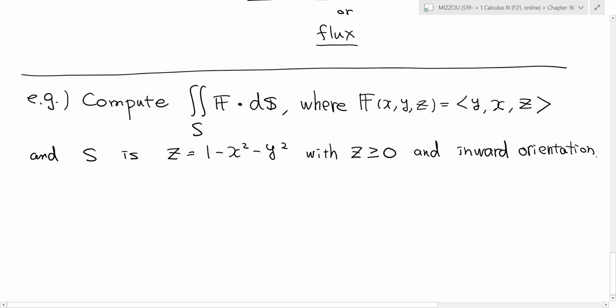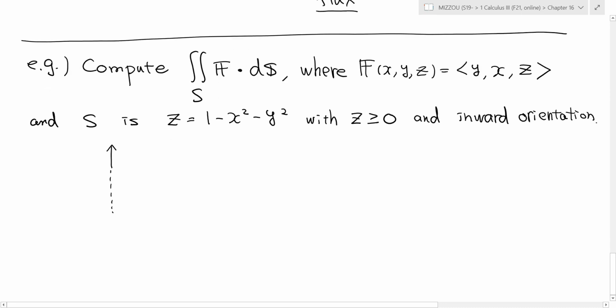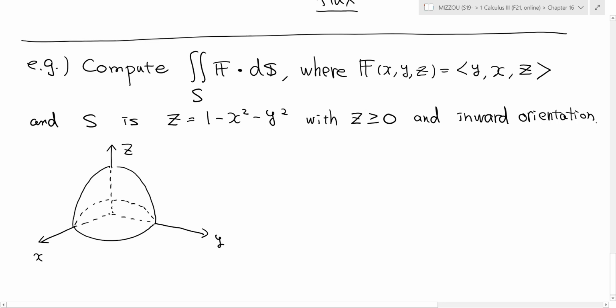So this is pictorially x, y, z, like this.